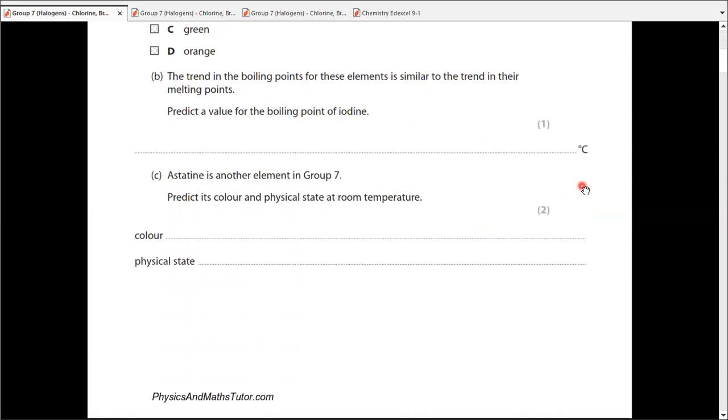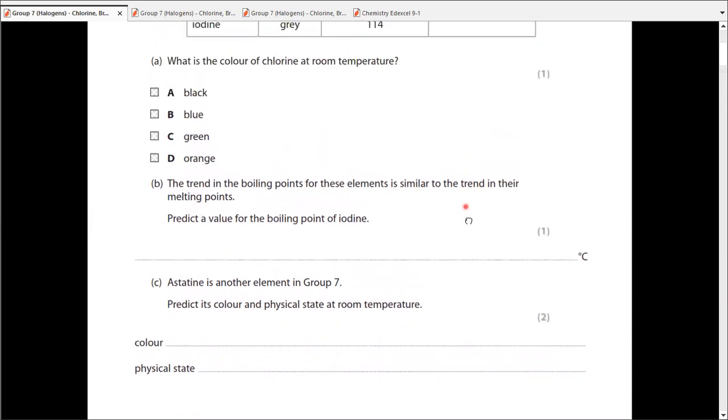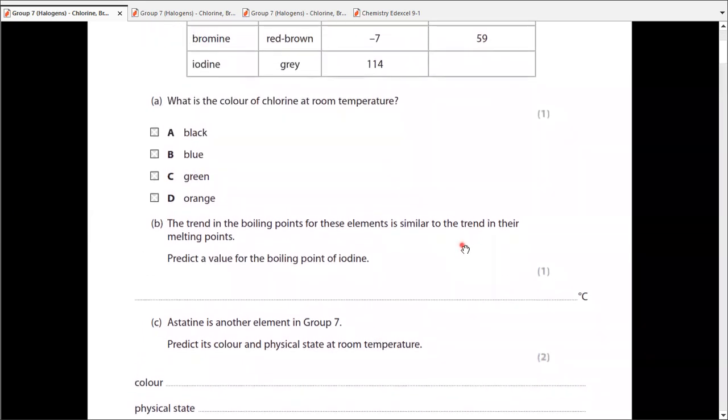Next, let's look at the table. You're supposed to tell the color as well as the physical state.